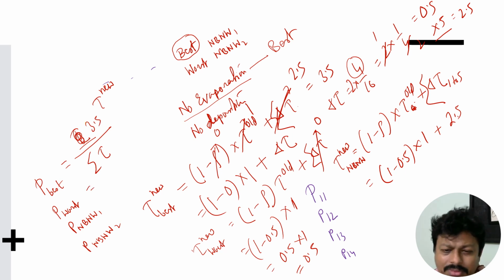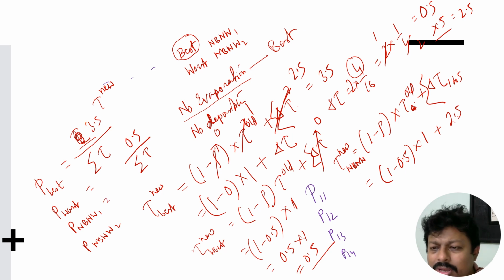Similarly for the worst path, though 1 minus rho, there will be no deposition, so del tau is 0. So 1 minus 0.5 into 1, 0.5 into 1, 0.5. So here the tau will be 0.5. Now for NB and W1, what happened? 1 minus 0.5 into 1, and these will be our 2.5, correct?